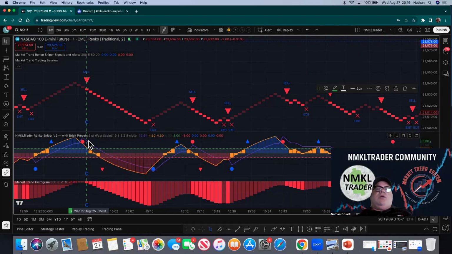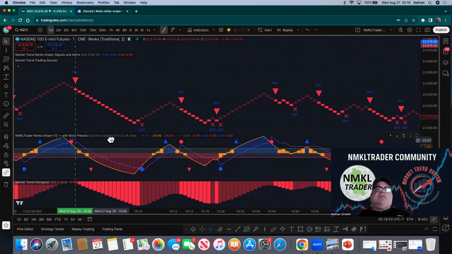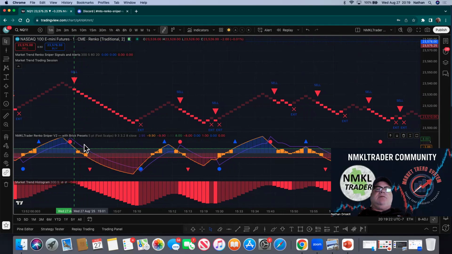Right now the orange is underneath, but we are on the wrong side of the channel. Okay. You're above the green. That means buy. So we need to let this thing come down a little bit, and it does. All right, so you got step number one, condition number one met.